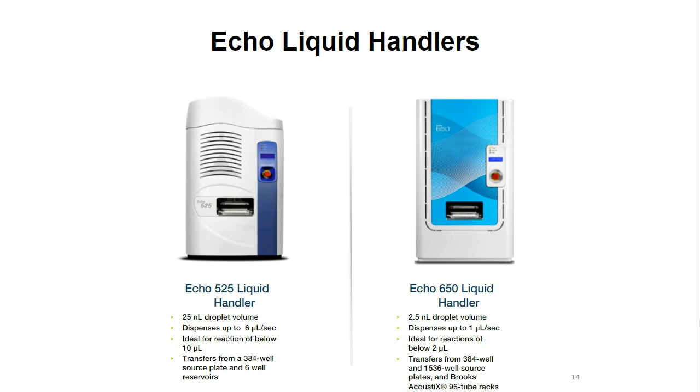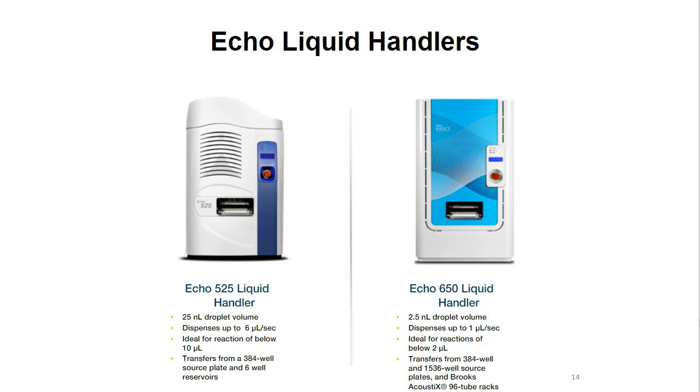The Echo 525 is ideal for reaction of around 10 microliters, a little bit below and above, and the Echo 650 is ideal for reaction of the microliter scale. It can be sub-microliter up to a few microliters. The transfer in the case of the Echo 525 is done from a 384 well plate, a source plate, and the destination plate can be of any kind in terms of number of wells, from 6 wells up to 384 wells.